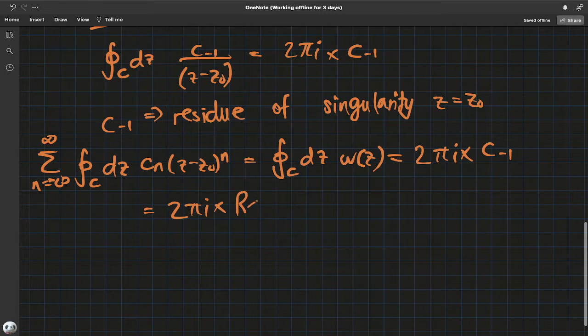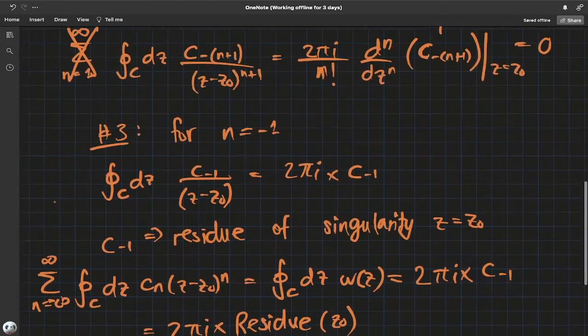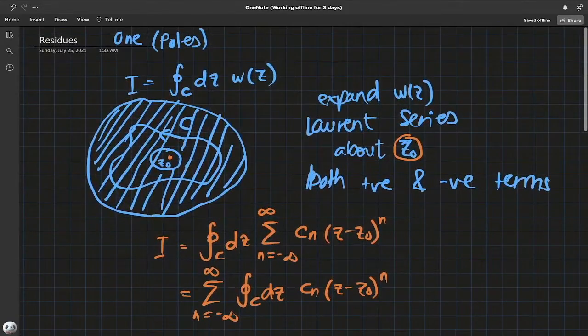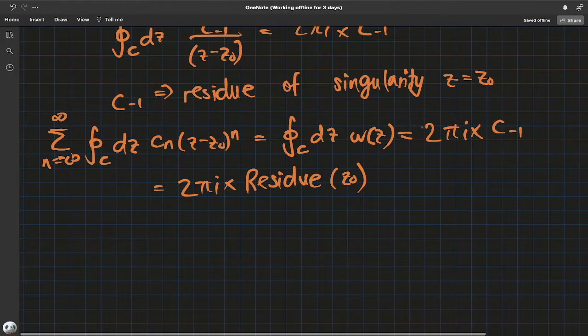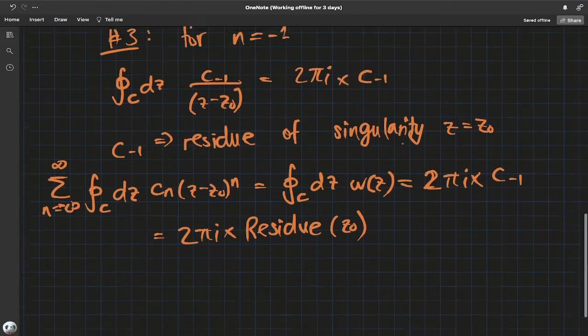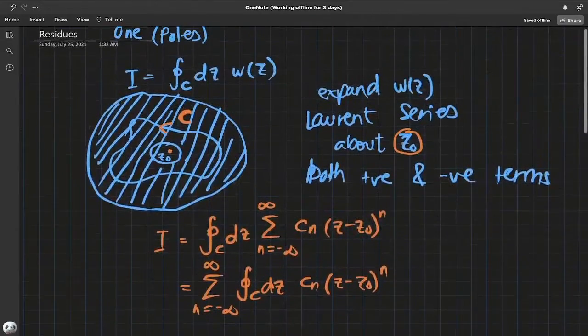So it's 2 pi i times the residue at the only pole that's enclosed in the contour, which is z0. This was the case for when we had one single pole inside the contour of integration C. What if we have more poles? Do we change this formula? How do we generalize this? It's kind of hard to see right now, so let's move on to the next page for that discussion.